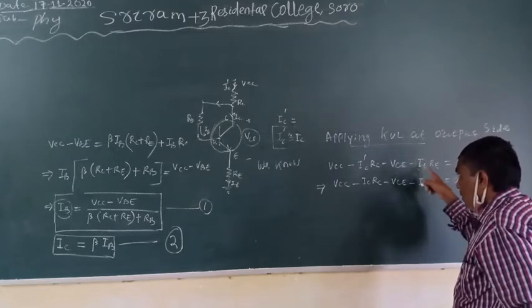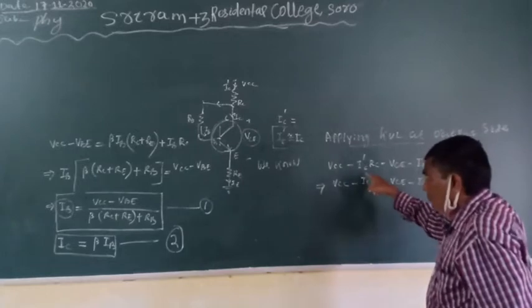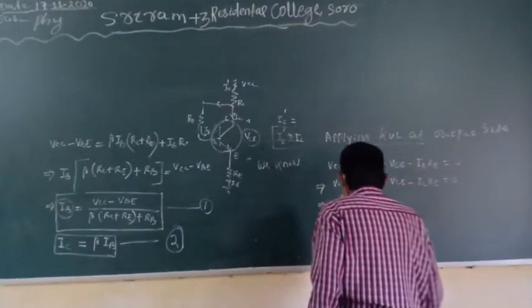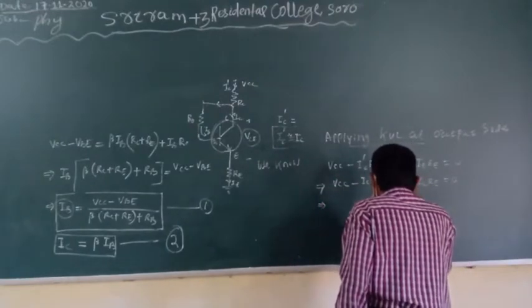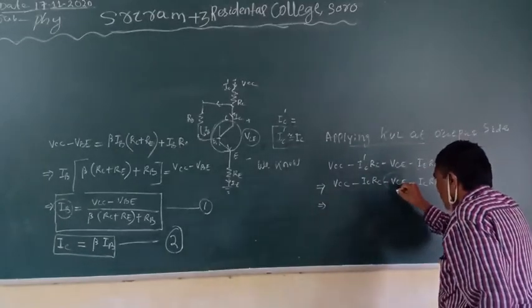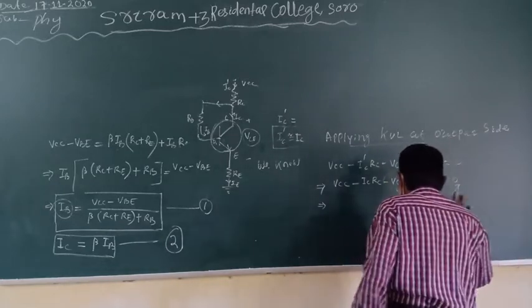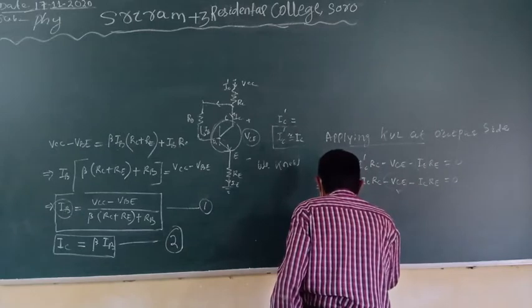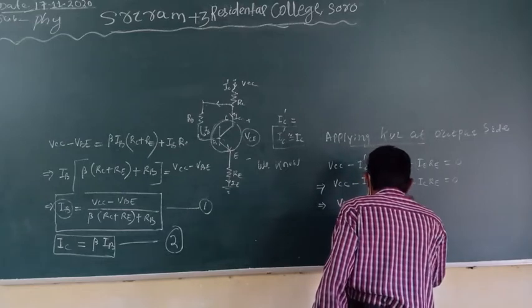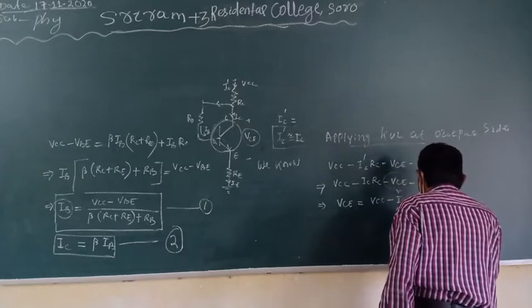Now we replace IE with IC and IC dash with IC. Now VCE is the negative term, so moving it to the right hand side, we get VCE equal to VCC minus IC RC minus IC RE.